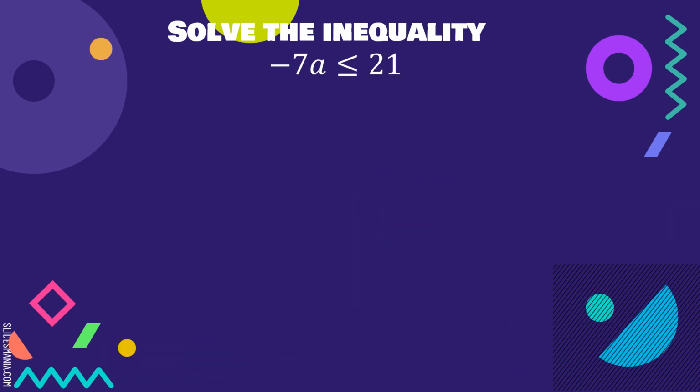Another problem is negative 7a less than or equal to 21. So the first thing that we are going to do here is divide both sides of the inequality by negative 7. So negative 7 divided by negative 7 is equal to 1, and what is left on the inequality is only a.